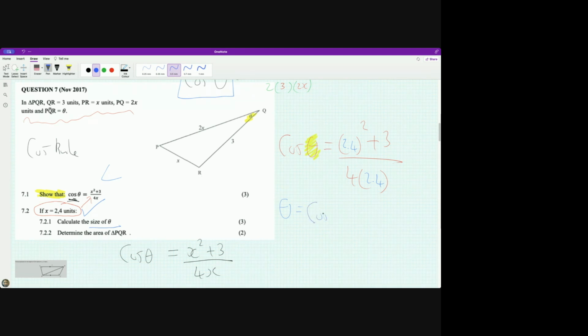I think we need to use inverse cos on whatever that fraction above is. So whatever this thing is, we need to use inverse cos to get that.